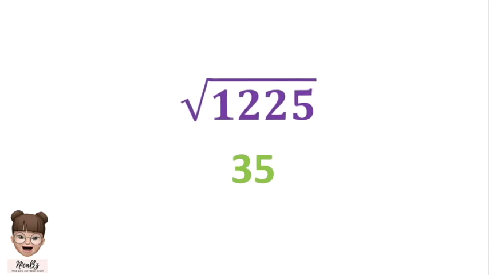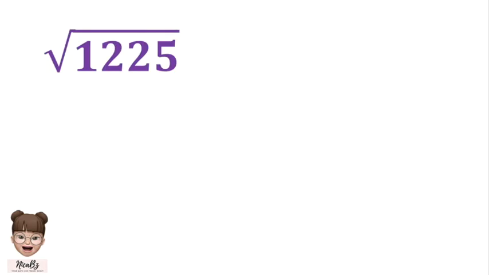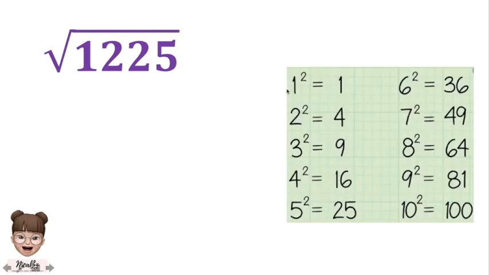So for the square root of the given, we need to familiarize the squares of the first 10 counting numbers, so from 1 to 10. So we have here a list of the squares from 1 to 10, and we go back to the given.